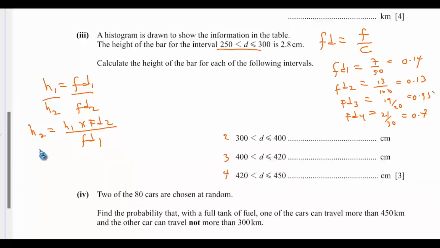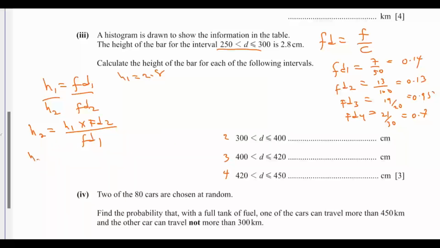Okay, so I have found this. You can now say that h2 will be equal to h1 times fd2 over fd1. So don't forget h1 is given as 2.8. Okay, so we can now calculate h2.